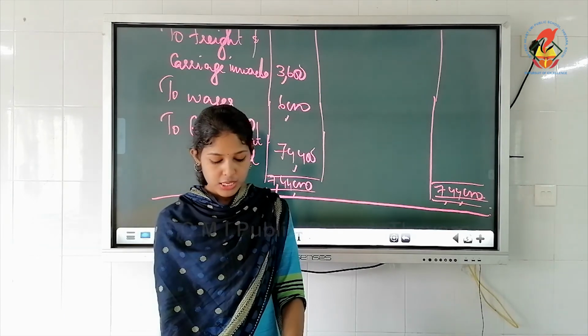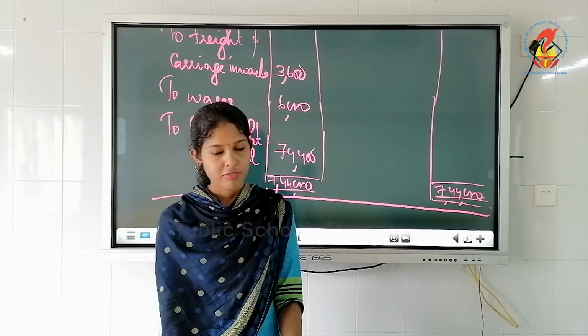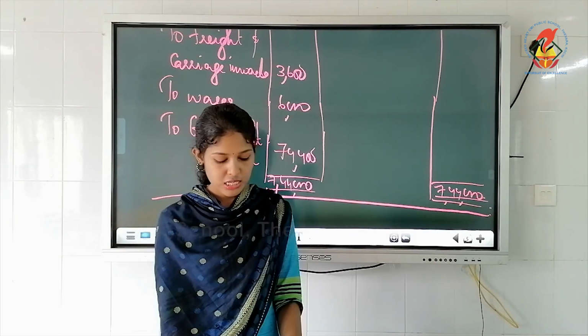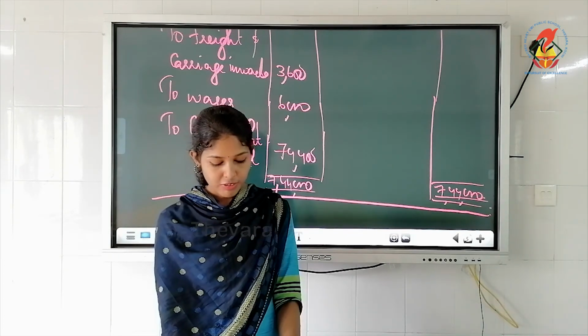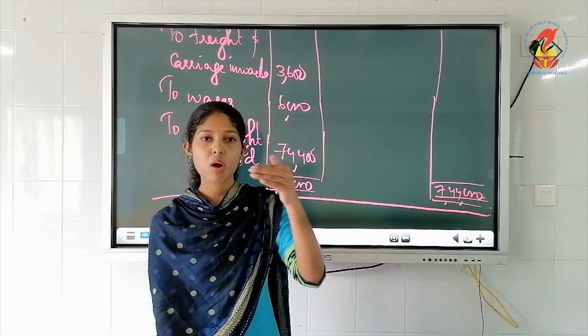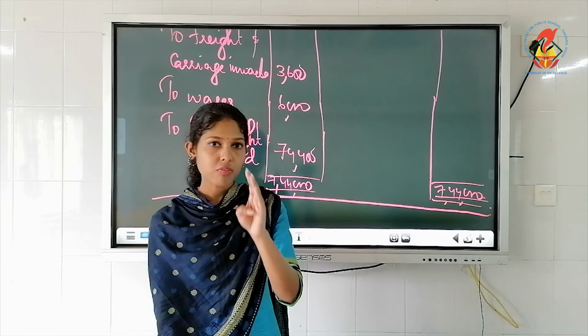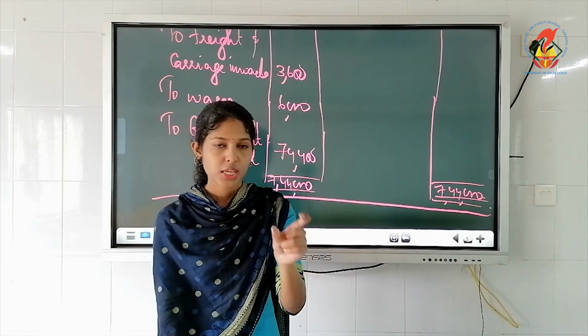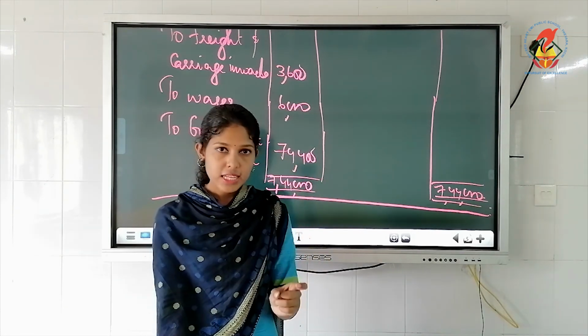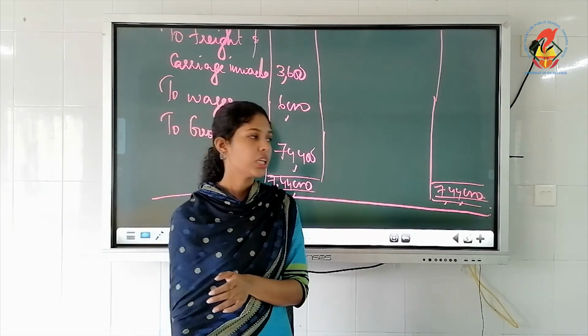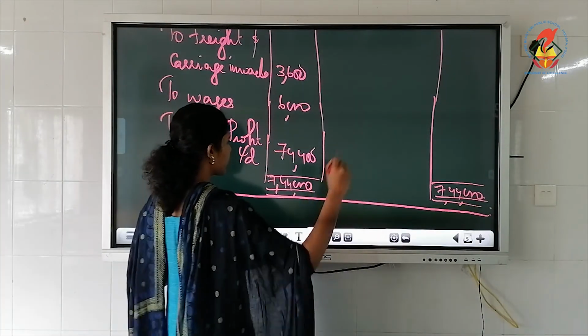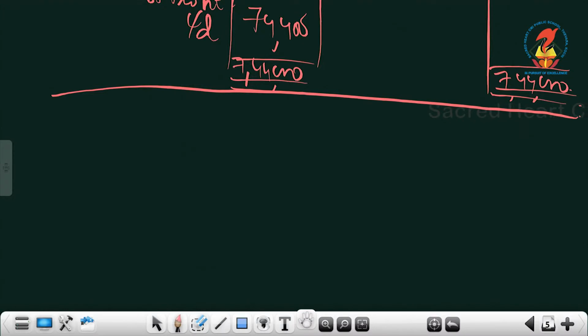How will you compute? 6,50,000 into 45%. Understood? Read the sentence: gross profit was 45% of sales, which amounted to 6,50,000, which means the word given just before that, which is sales. And the sales figure is given, 6,50,000. You have to compute the gross profit from the percentage.